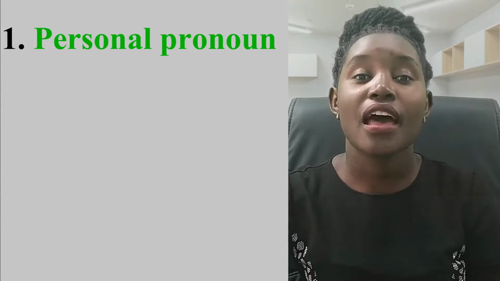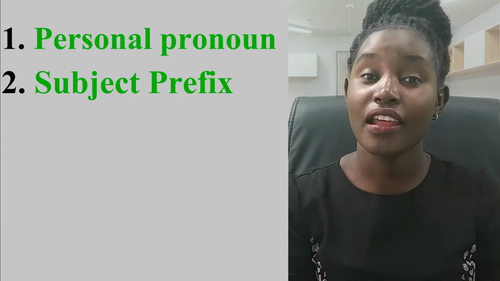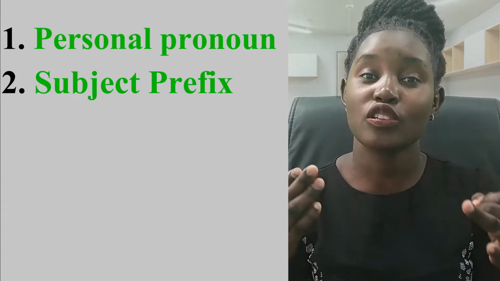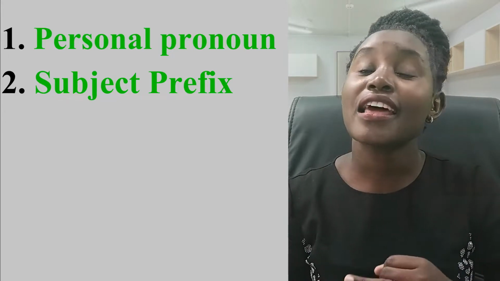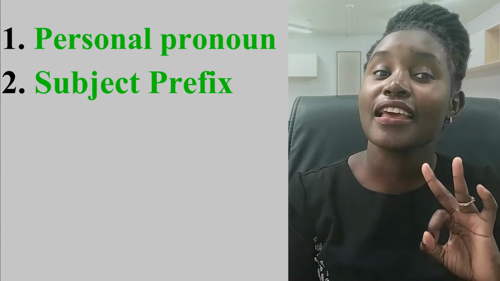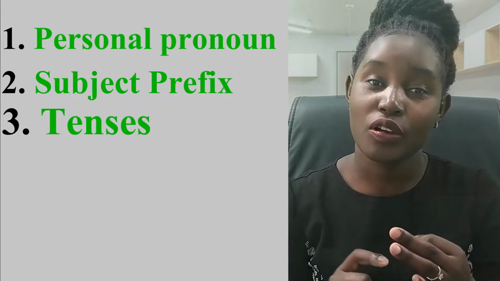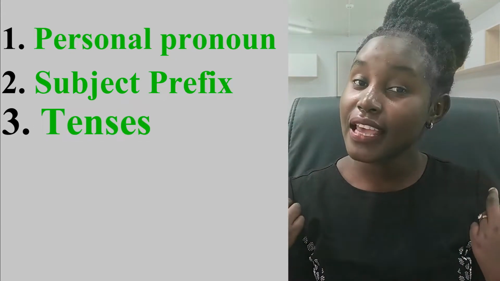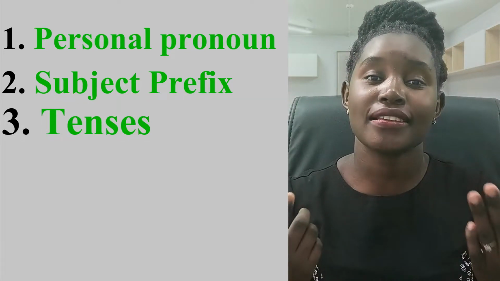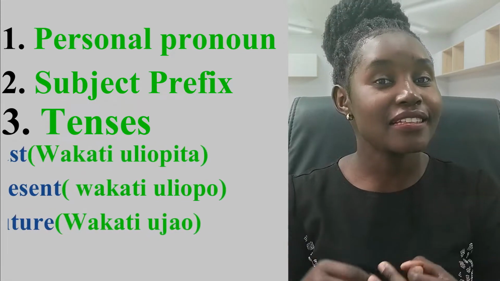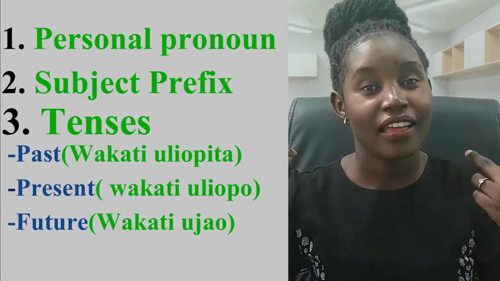Then we have subject prefix. In Swahili, these are words which go hand in hand with the personal pronouns in order to bring out the real meaning of the sentence. And then the third thing that you need is tenses. The tenses we are going to talk about today are past tense, present tense, and future tense. Past tense in Kiswahili, we say wakati uliopita.